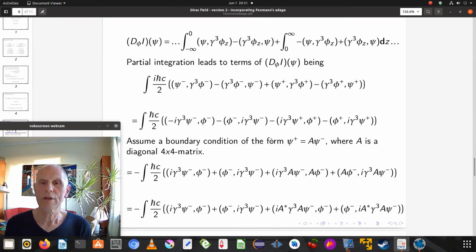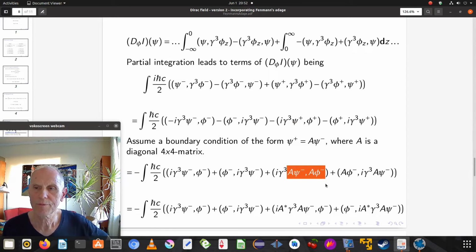To get on with it, I assume a boundary condition which is linear. It's a very general assumption. Actually, my first guess was that it would be diagonal. But let's try it with any A. And maybe we should also assume it's unitary. Then all the pluses we have over here, psi plus is substituted with A psi minus, phi plus with A phi minus.